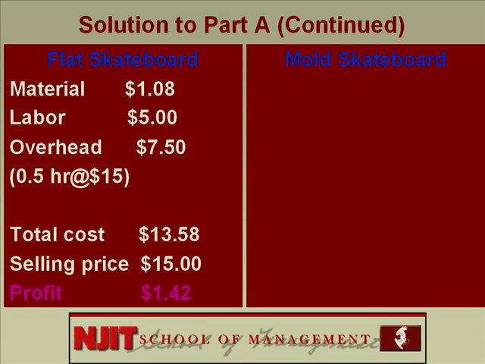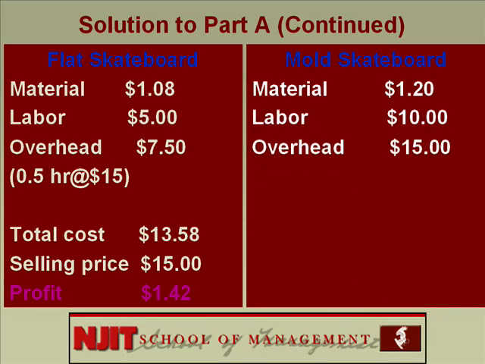Let's do mold. Material $1.20 per skateboard given to you. Labor $10 per skateboard given to you. Overhead $15 per skateboard. How did we get that? It's 1 hour per skateboard.